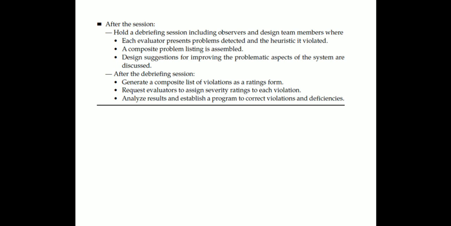Then analyze the results and establish a program to correct the necessary violations and deficiencies. The ratings will identify more serious problems that need immediate attention.